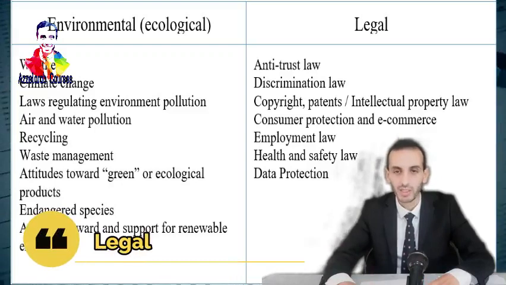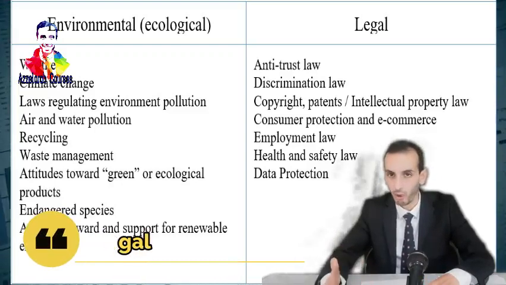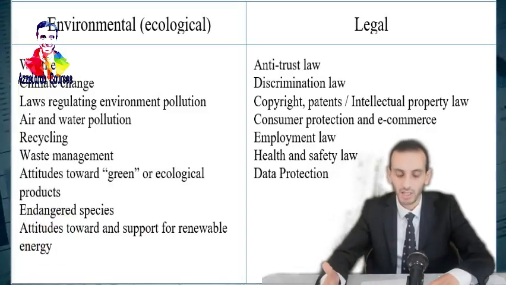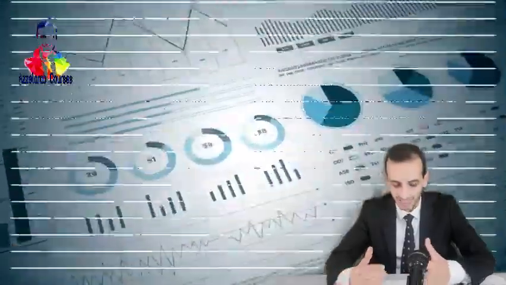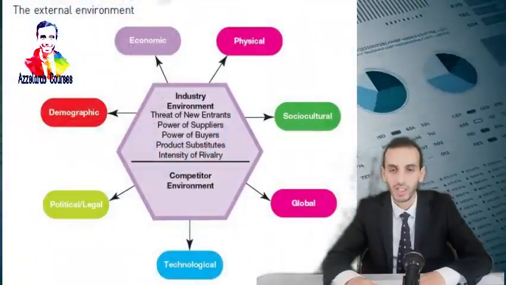For the legal, we can study competition law, employment law, health and safety, product safety, etc. Those indicators can help answer the question: what environmental factors can affect the organization, what factors should we thoroughly analyze in the present time, and what factors can we keep to analyze in the next few years.